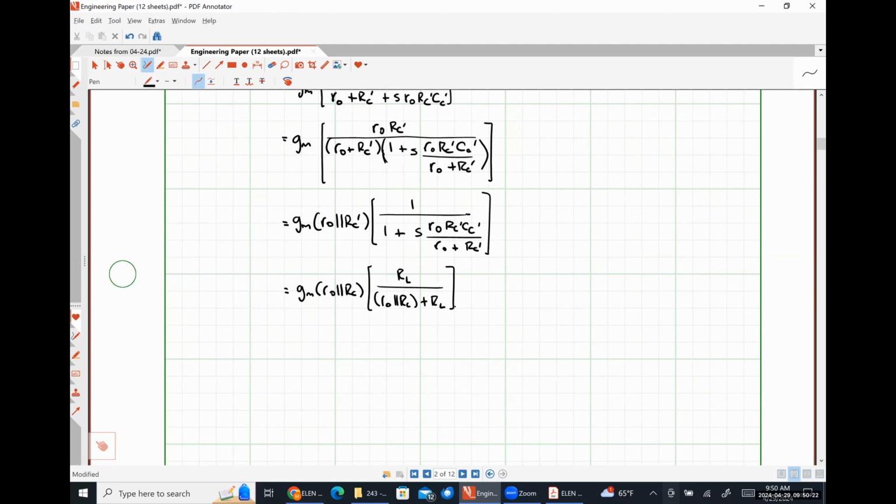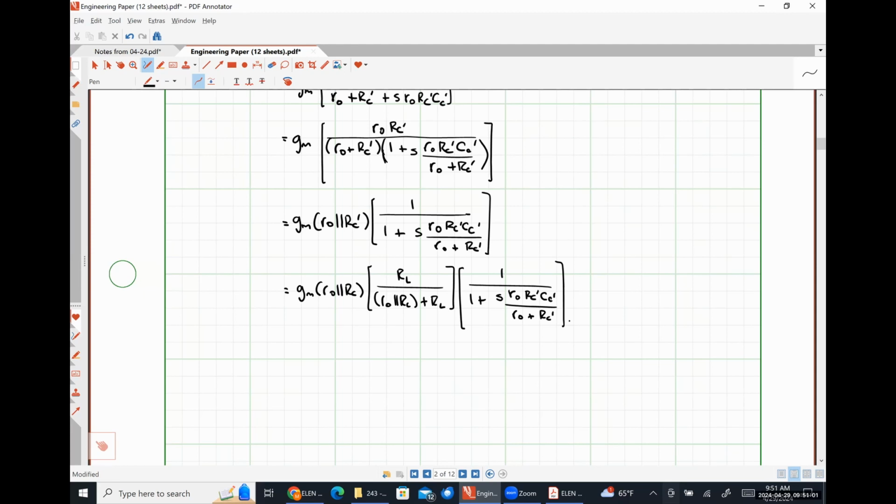So that's me pulling that RL out of that R naught in parallel with RC prime, times 1 over 1 plus s R naught RC prime CC prime divided by R naught plus RC prime. And so that's my final result for effectively what the amplifier stage is doing.